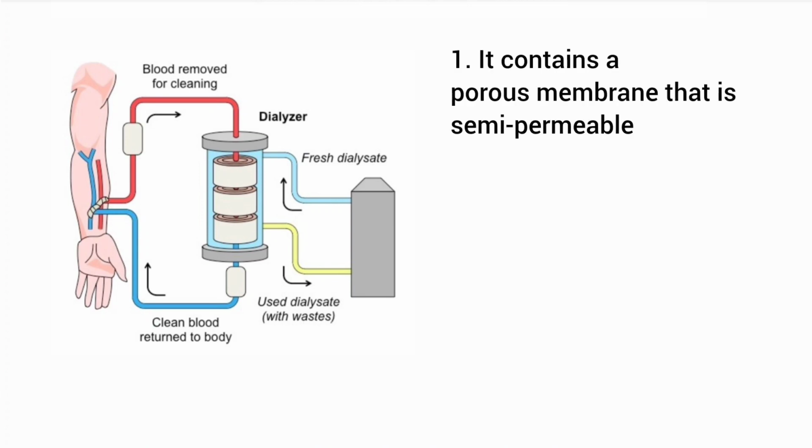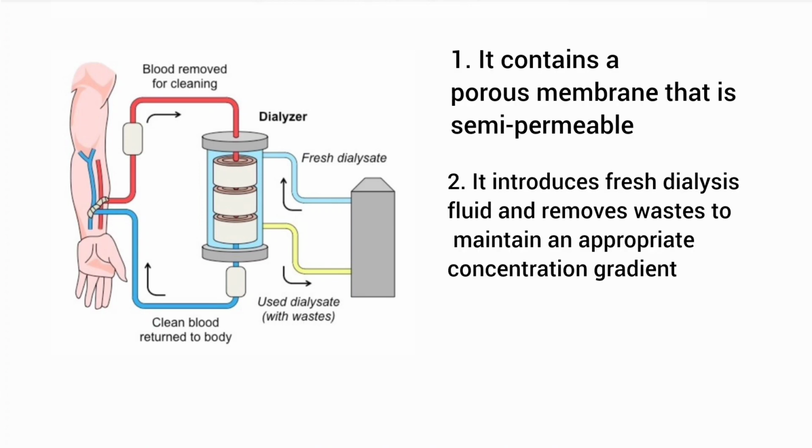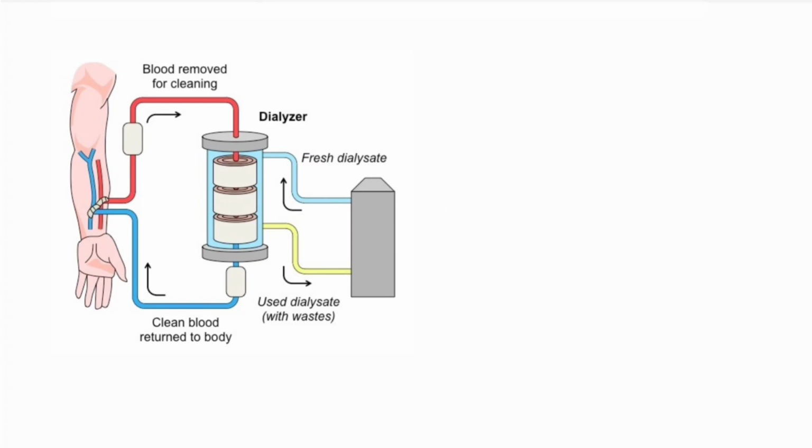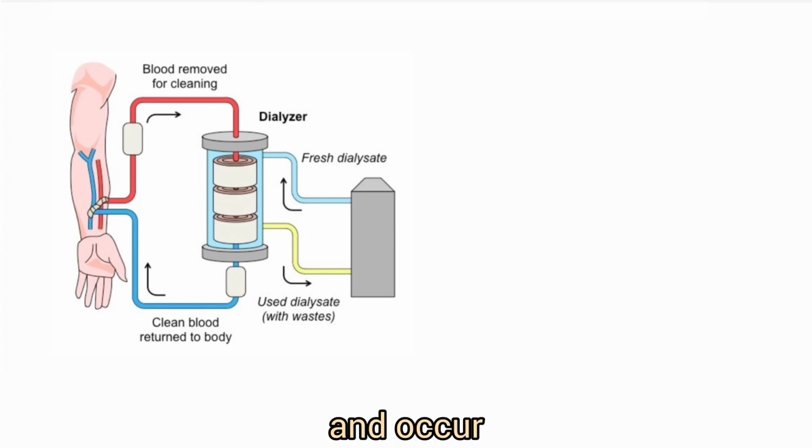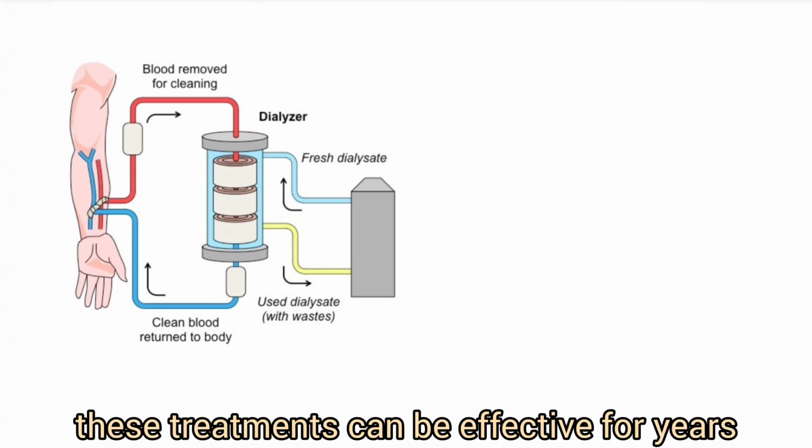It contains a porous membrane that is semi-permeable, and it introduces fresh dialysis fluid and removes waste to maintain an appropriate concentration gradient. Kidney dialysis treatment typically lasts about 4 hours and occurs 3 times a week. These treatments can be effective for years.